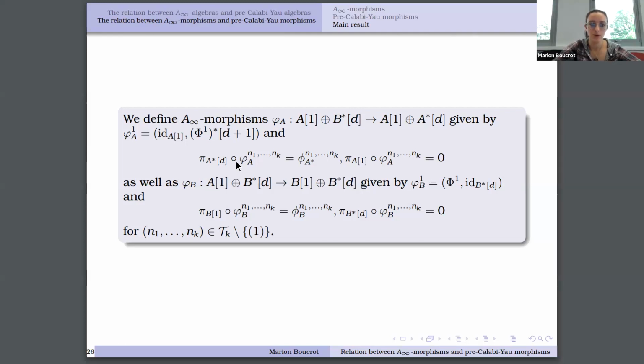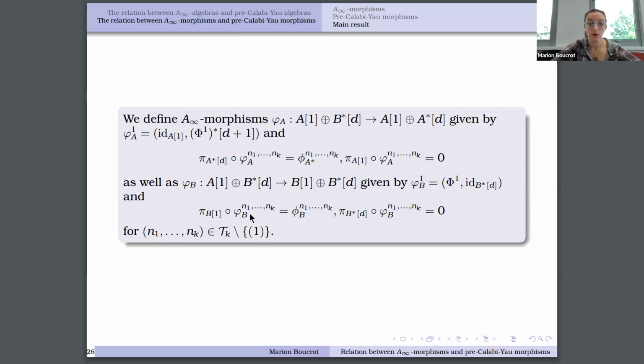If we compose this map in order to project on A star shifted by D, we have the map phi of A star that I defined before, and the projection on A shifted by 1 is 0, meaning that this A infinity morphism has only its first component going into A shifted by 1, and all the other components lead just to elements in A star shifted by D. We do almost the same construction for the morphism phi B. So the first component is given by phi 1 going from A1 to B1, and the identity of B star shifted by D going from this space to itself.